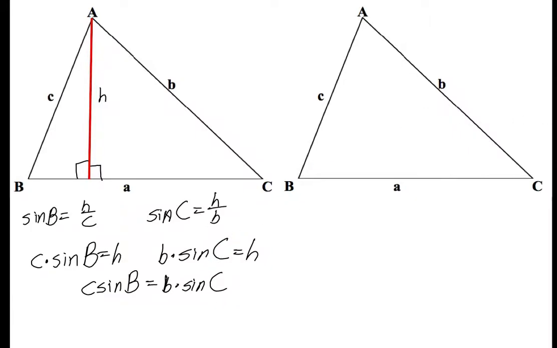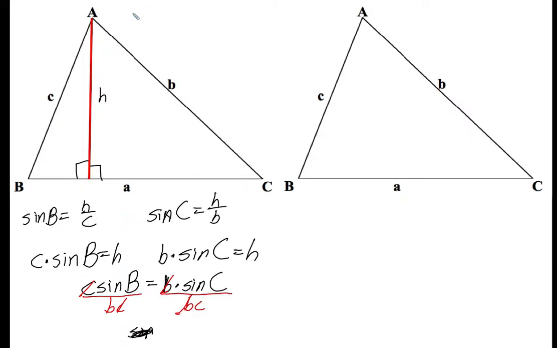And for no reason other than the fact that I know it's going to make our life a little easier, I'm going to divide both sides by little b and little c. Of course, on the left side, the c's cancel, and on the right side, the b's cancel. And what we're left with then is that the sine of big B, when I'm out of room here, I'm going to put it up top.